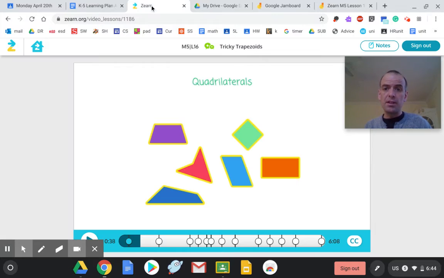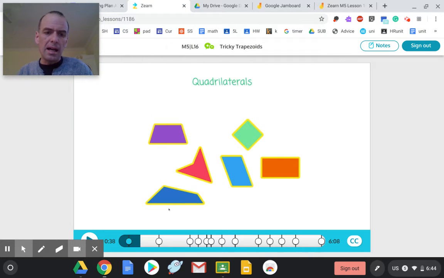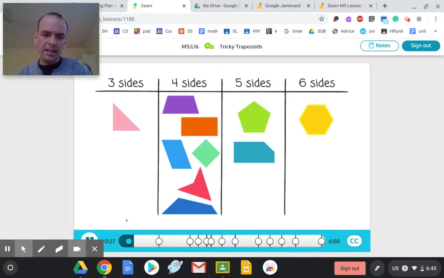Now I'm in Zearn, and I skipped ahead a little bit, but they just had me classify shapes. Like I took shapes and I put them by how many sides they had. So they're teaching me about shapes that have four sides. Take a look at the polygons with four sides.